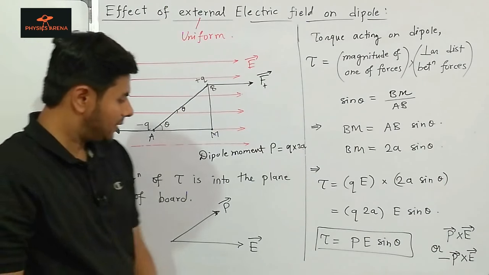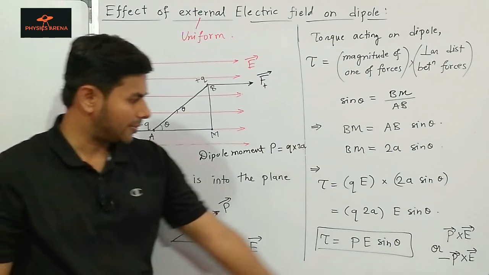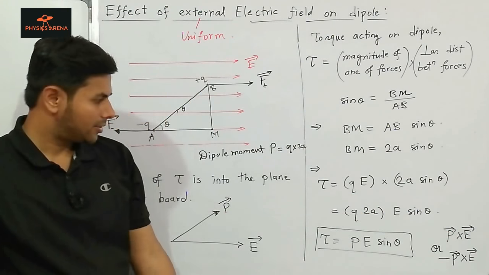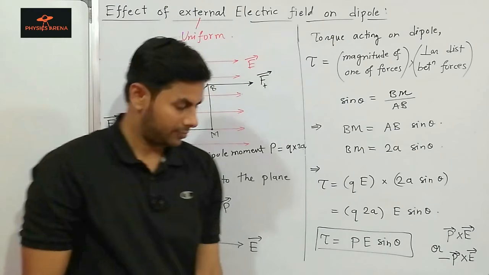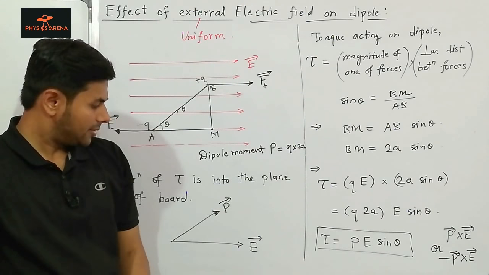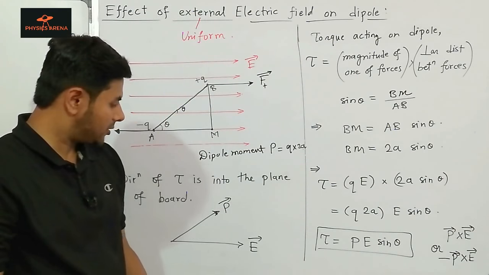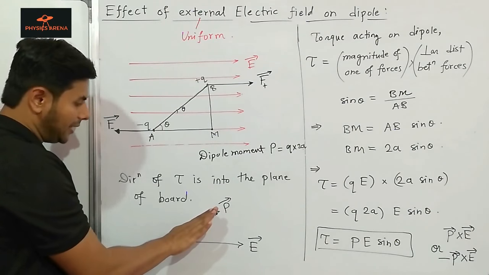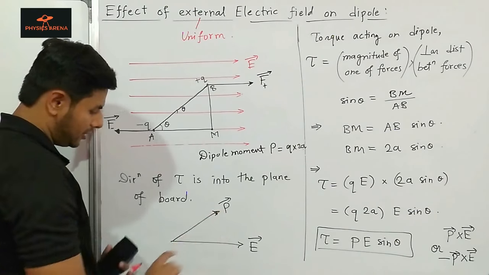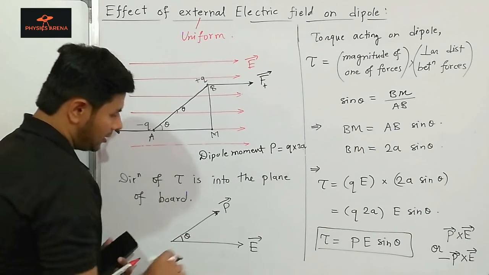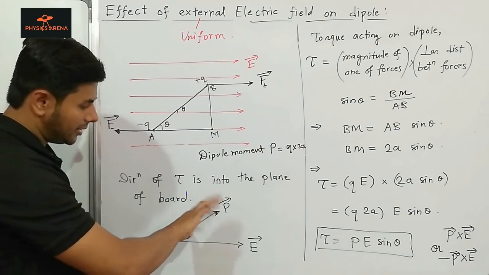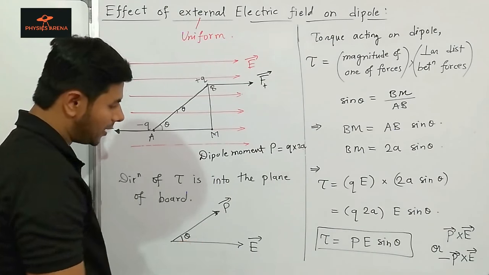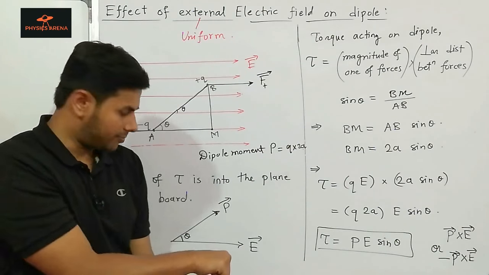If I take the cross product, P bar cross E bar, its direction is found using the right hand thumb rule. Keep your right hand in the direction of the first vector, curl your fingers towards the second vector through the small angle, this one is the small angle, and then stretch your thumb.